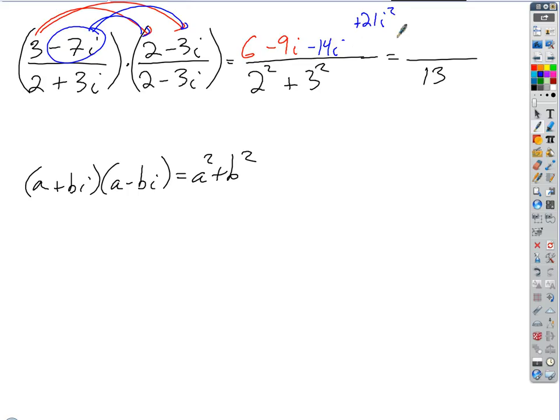So then that just becomes negative 21. Good, so now we just combine like terms. 6 minus 21 is what? Negative 15? And negative 9i minus 14i?